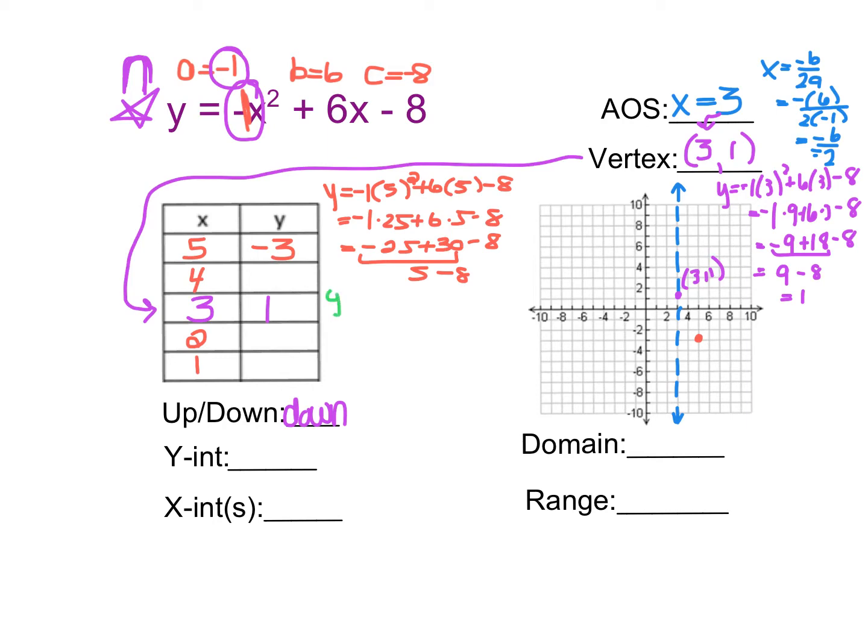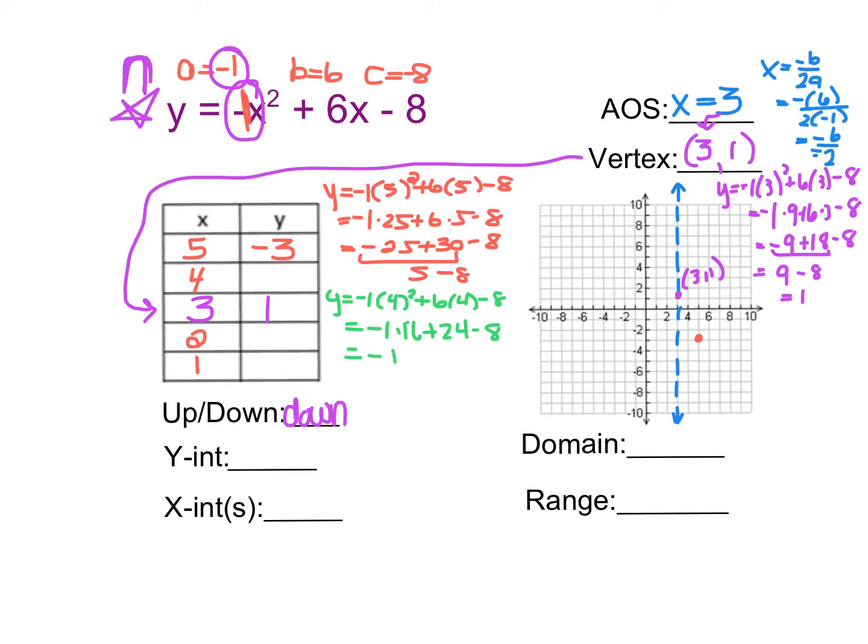So I have y is equal to negative 1 times 4 squared plus 6 times 4 minus 8. And I do my exponent first, so negative 1 times 16 plus 24 minus 8.